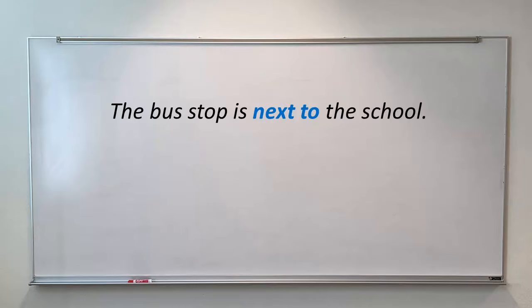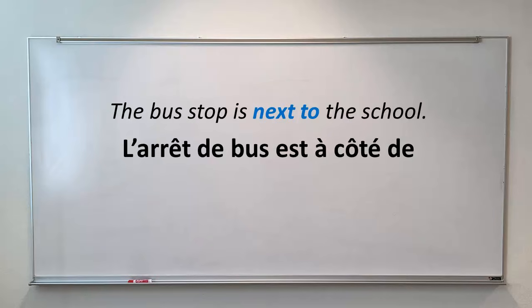Let's start with bus stop, and that is l'arrêt de bus. The bus stop. So we have our subject. Now we need our verb, est. Remember, this is a form of the verb être, to be. So the bus stop is l'arrêt de bus est. Next to, you know how to say next to, which is à côté de.